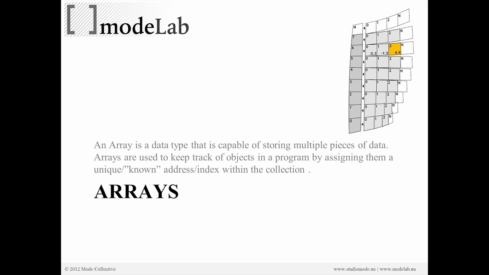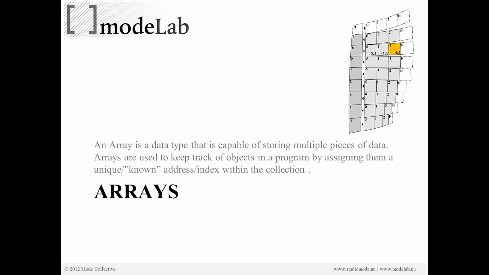Right? So what we need to do is start to use another type of variable called an array. And an array is a data type that allows us to store multiple pieces of data as opposed to just one. And arrays are used to keep track of objects in a program by assigning them a unique or known address within the collection.